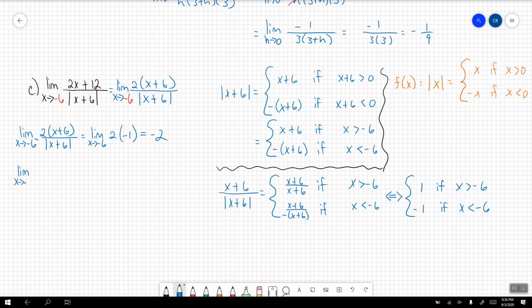Similarly, we evaluate the limit as x is approaching negative 6 from the right-hand side. So as we approach it from the right-hand side, we are now approaching 1.